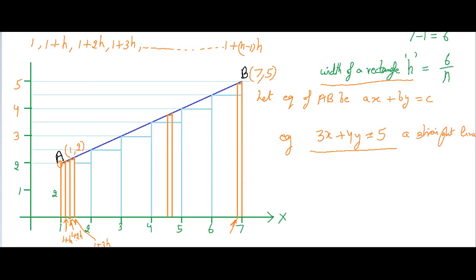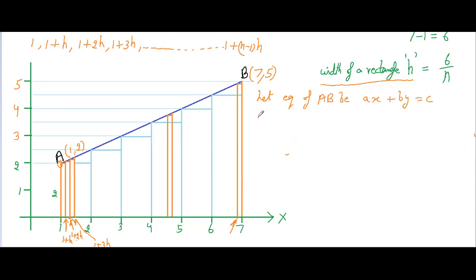So we are going to take the equation of the straight line AB as ax plus by equal to c.